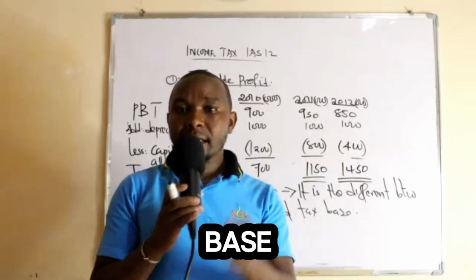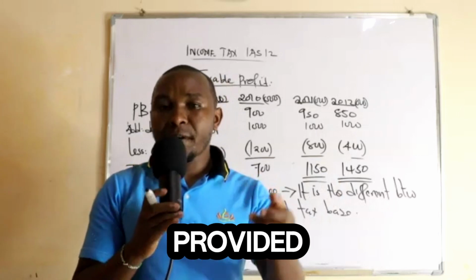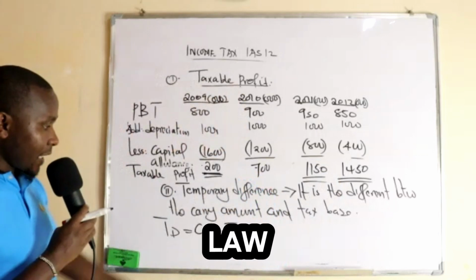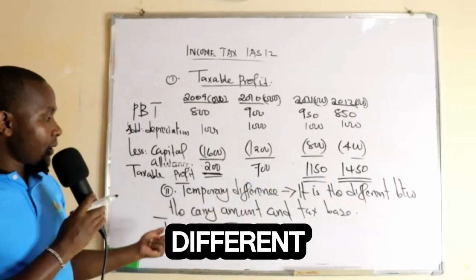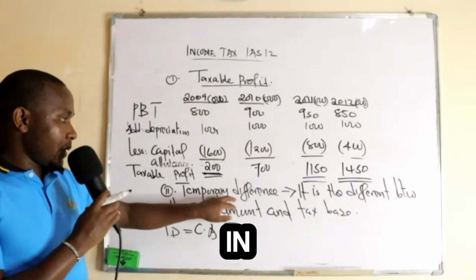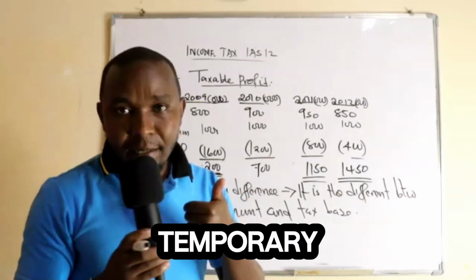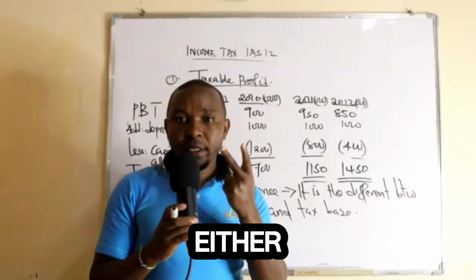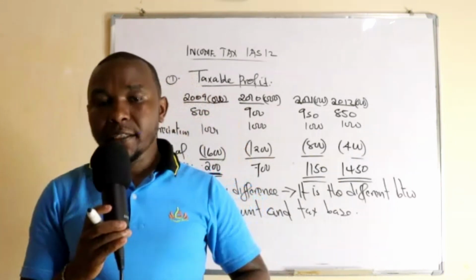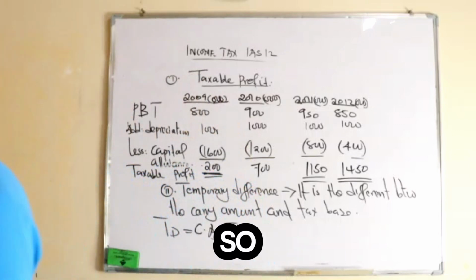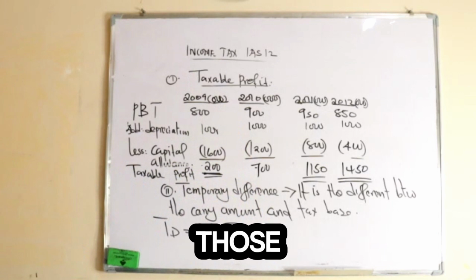And then the tax base is the amount provided by the tax law. So any difference will arise in temporary difference. And you remember, we said temporary difference, we have two, either the deferred tax liability or the deferred tax asset. So it will appear in those two forms.